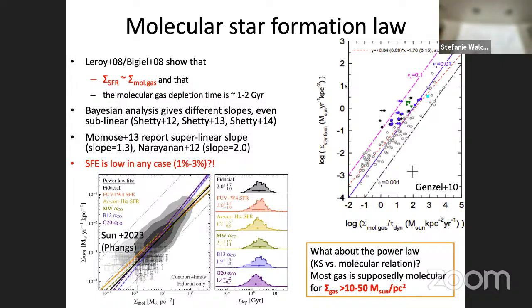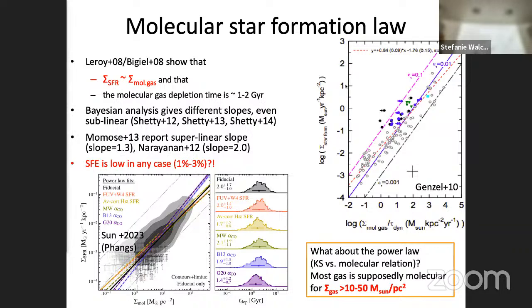If you go to the molecular gas, so basically you exchange your x-axis from total gas, which was HI plus molecular, to just the molecular gas, then all of a sudden your slope is flatter. So you will see a linear relation between the star formation rate surface density and the gas surface density.